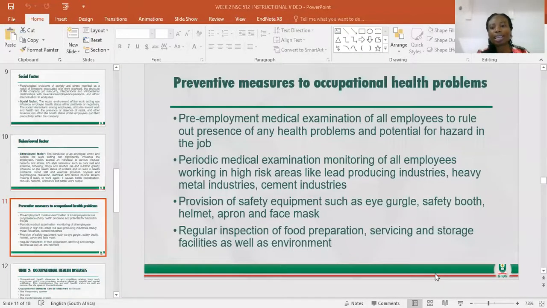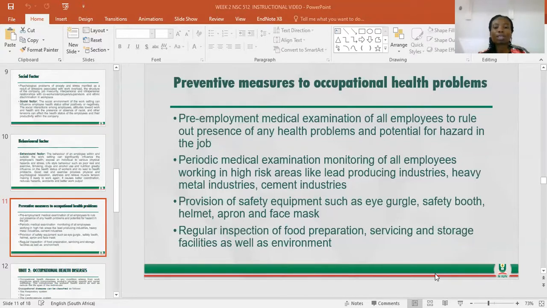On the slide here, I have pre-employment medical examination of all employees to rule out the presence of any health problems and potential for hazard in the job. Periodic medical examination monitoring of all employees.